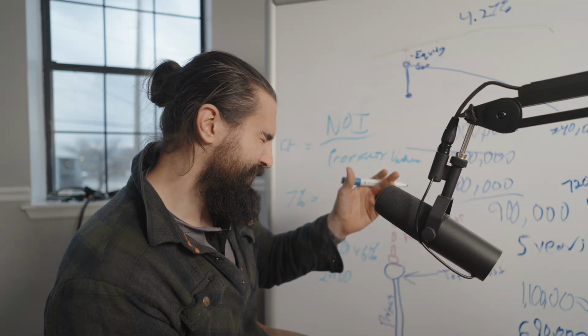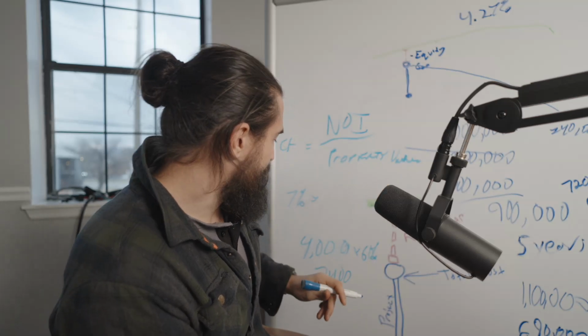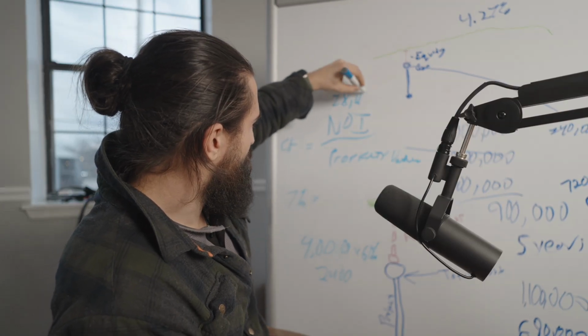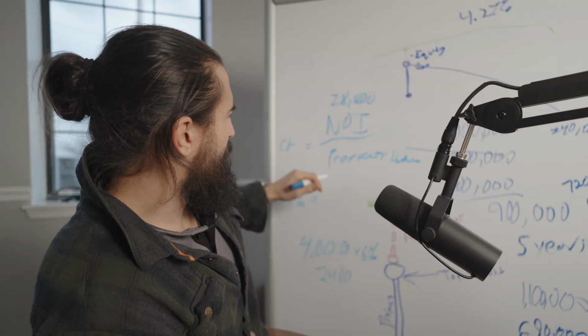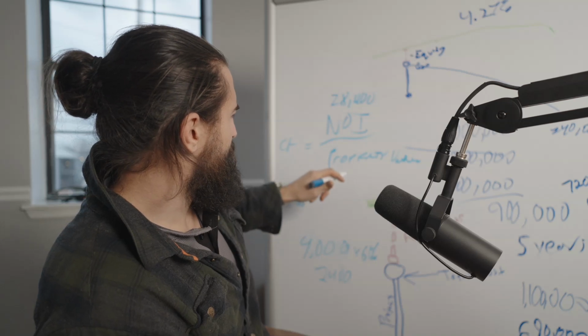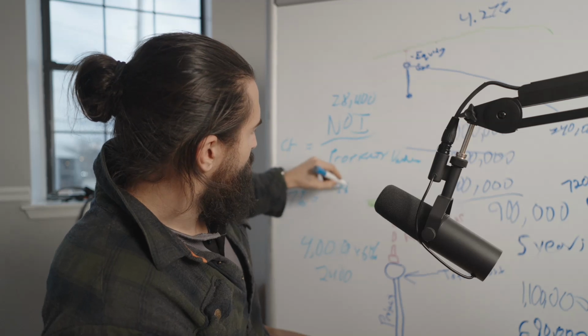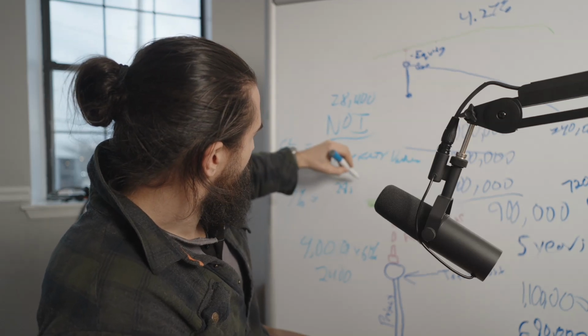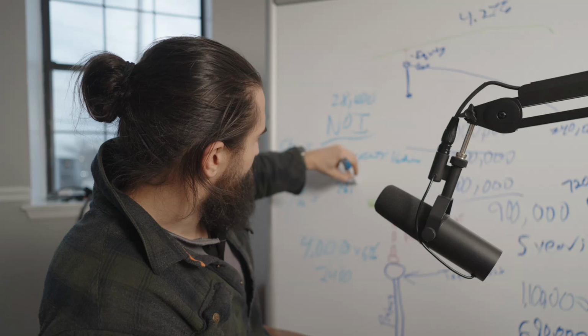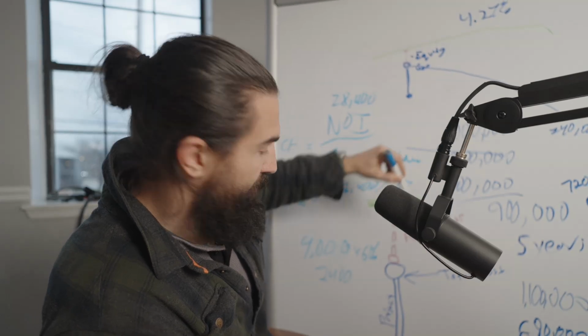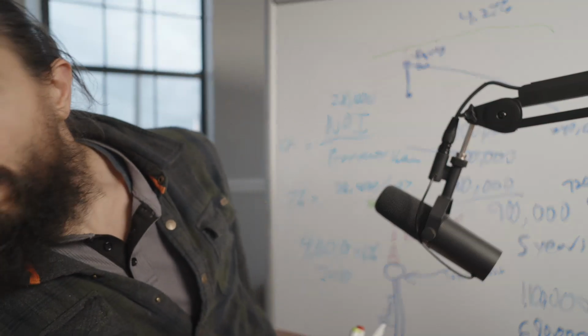$28,800. Okay, divided by the property value. What we're looking for is $28,800 divided by 0.07.